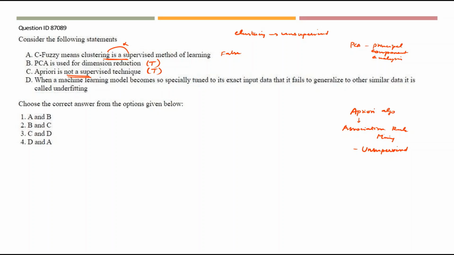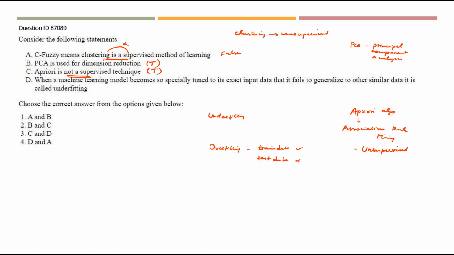Next statement. When a machine learning model becomes so specially tuned to its exact input data that it fails to generalize to other similar data, it is called underfitting. There are two terms called underfitting and overfitting. When the model fits the training data perfectly and when it does not do well in test data, it is called overfitting.